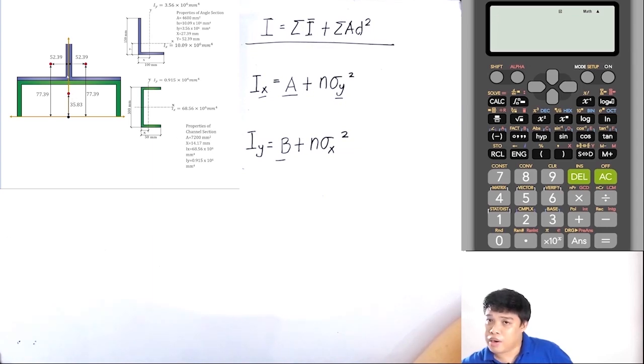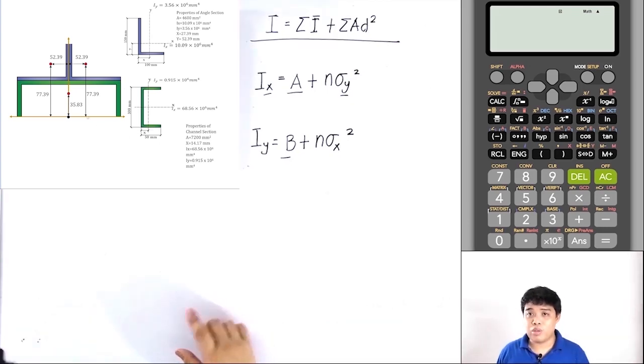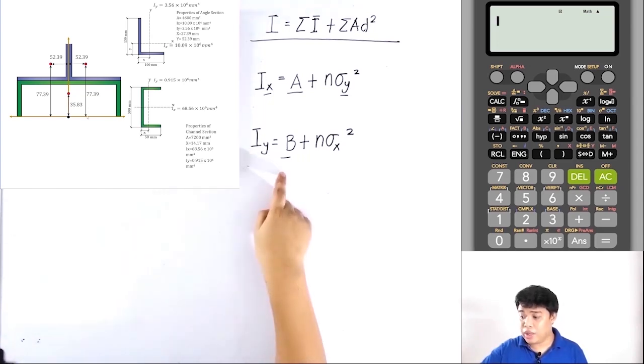And for this one, since the x and y values switch their position, the distance from here up to here is the x, which is 27.39. So you just add it to the width of the flange, which is 50. Therefore, it will give us a value equal to 77.39. Let us draw it here.